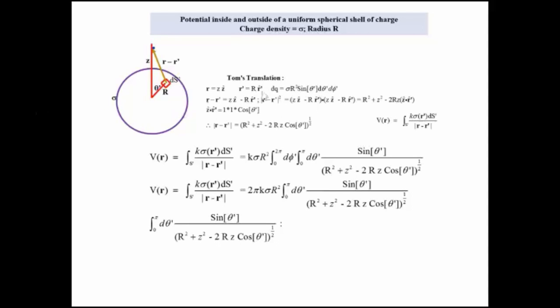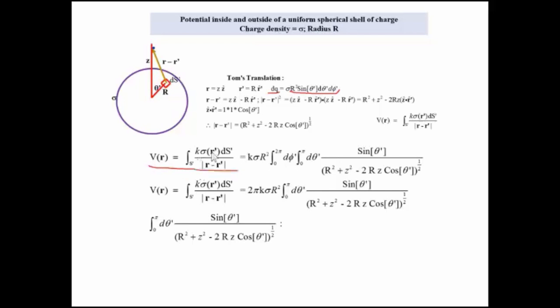So repeating, here's our translation, here's our dq, and here's our integral. We're going to use dq as sigma ds prime. Notice that you have this set of factors here which will show up. What we're doing is building this integral. First of all, k sigma.